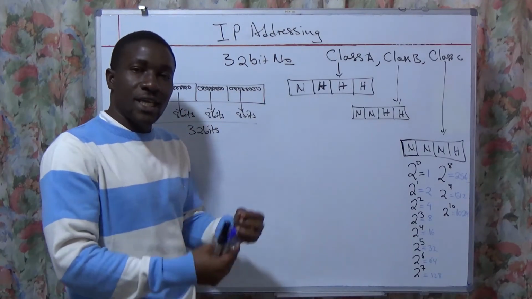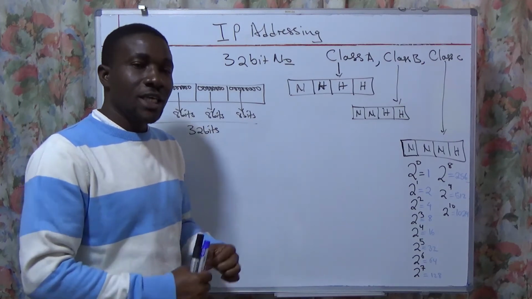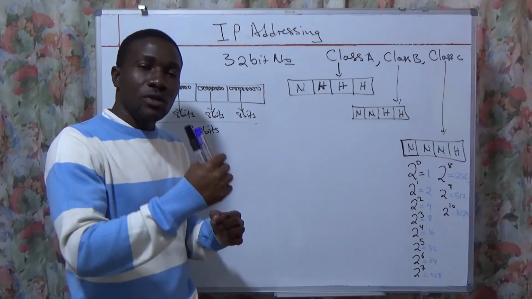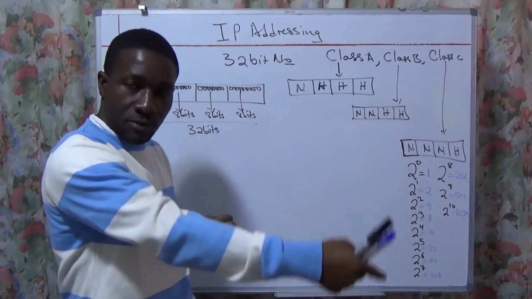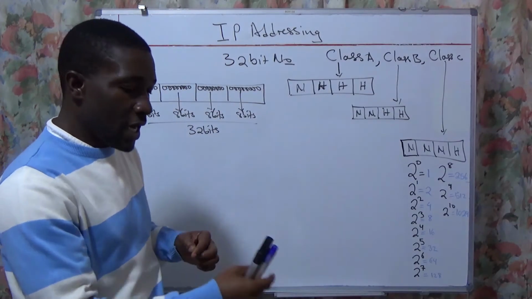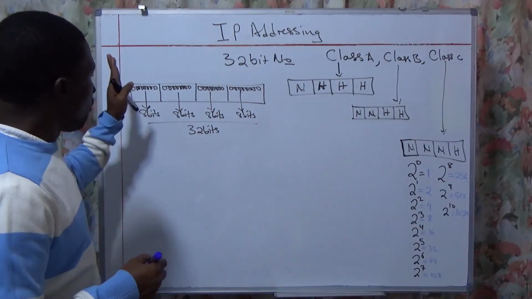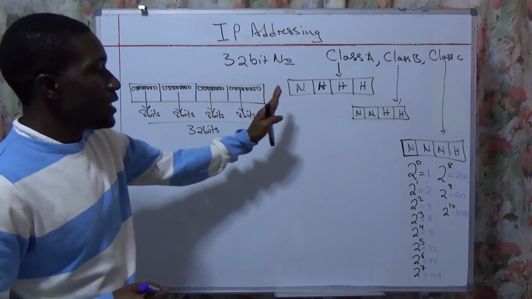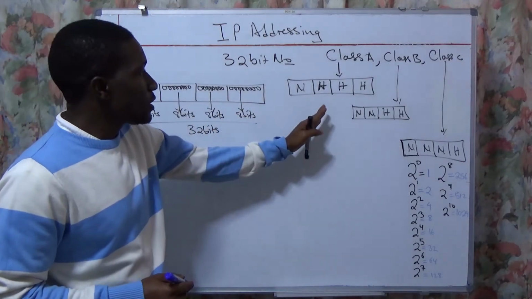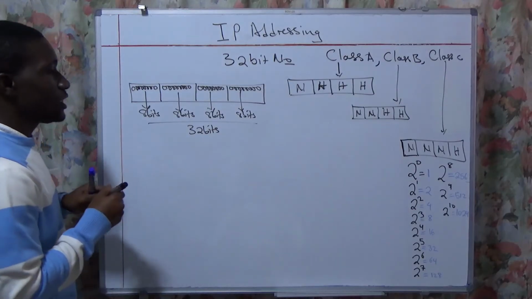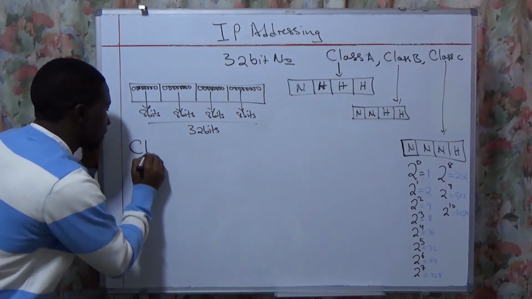When you press any key on your keyboard, it is tasked to be converted into its binary representation. So now, let us see how we are going to formulate networks and hosts for different classes. So for now, we shall say class A.